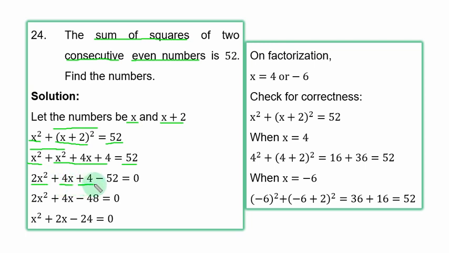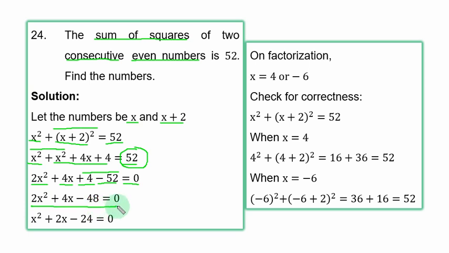In order to factorize, the right hand side needs to be 0. For that, you transfer plus 52 to the left hand side, it becomes negative. That is why this is minus 52 equal to 0. If you simplify the constant here, you have 2s squared plus 4s minus 48 equal to 0.